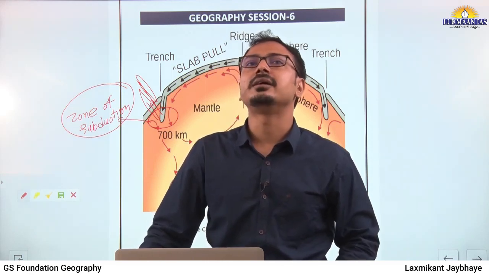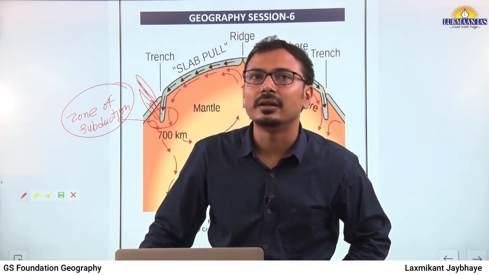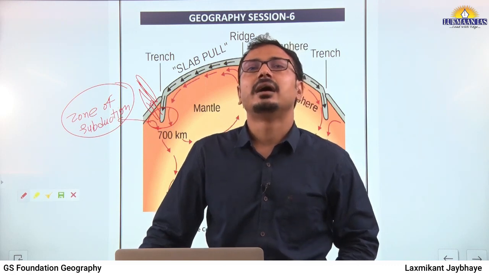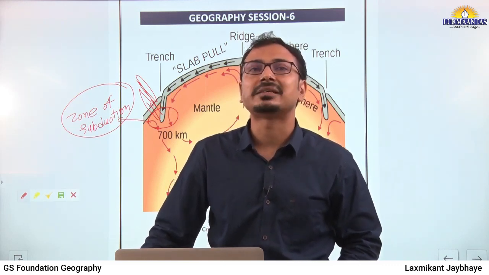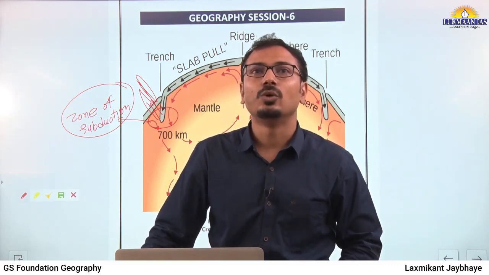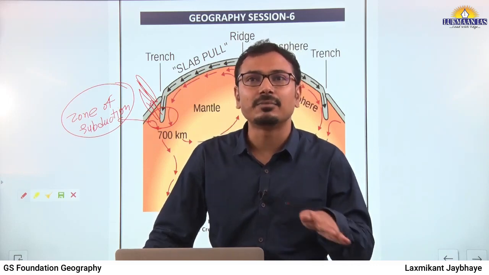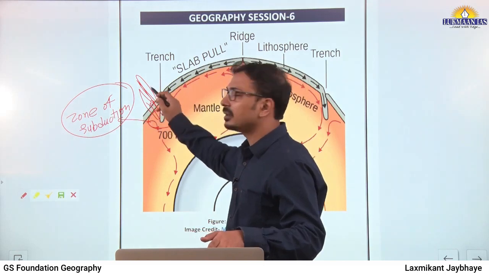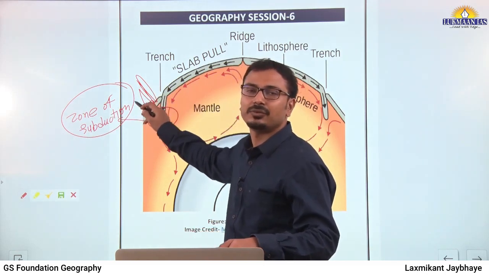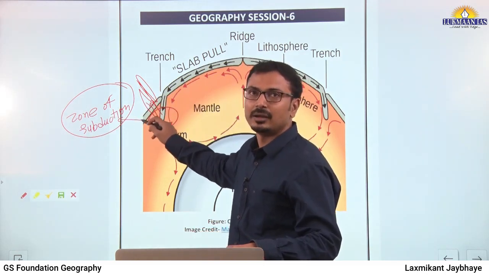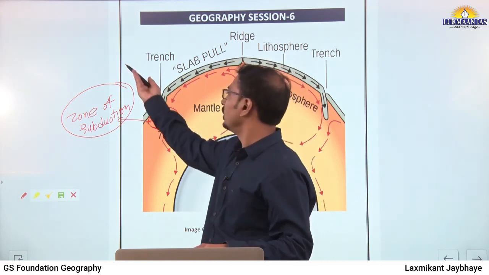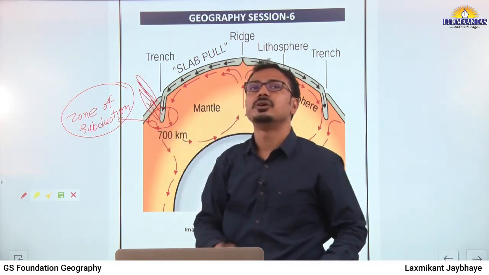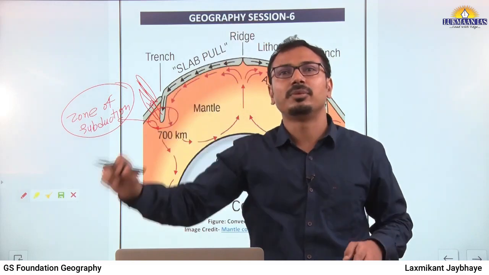The oceanic Pacific plate is getting submerged like this under the continental plates of North America and South America. That is resulting in volcanic eruptions and these mountain ranges along the plate boundaries.